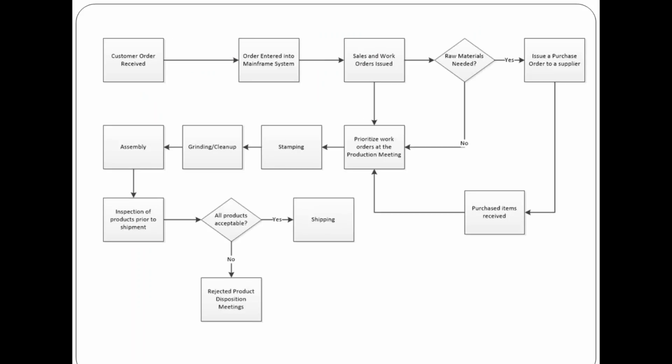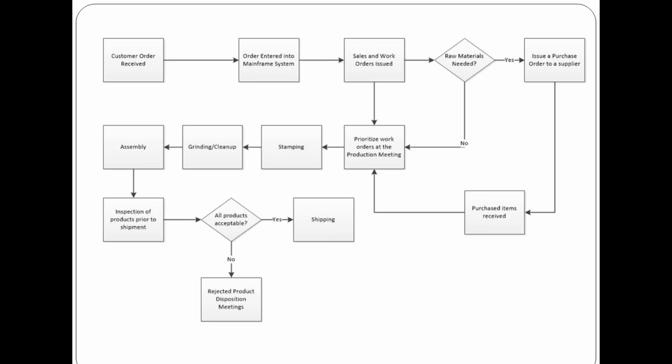Okay, so here we are. We have an IOP that has 12 boxes and 2 decision diamonds. Now, are we to conclude that all 12 of these boxes are individual processes, that this organization has 12 individual processes?